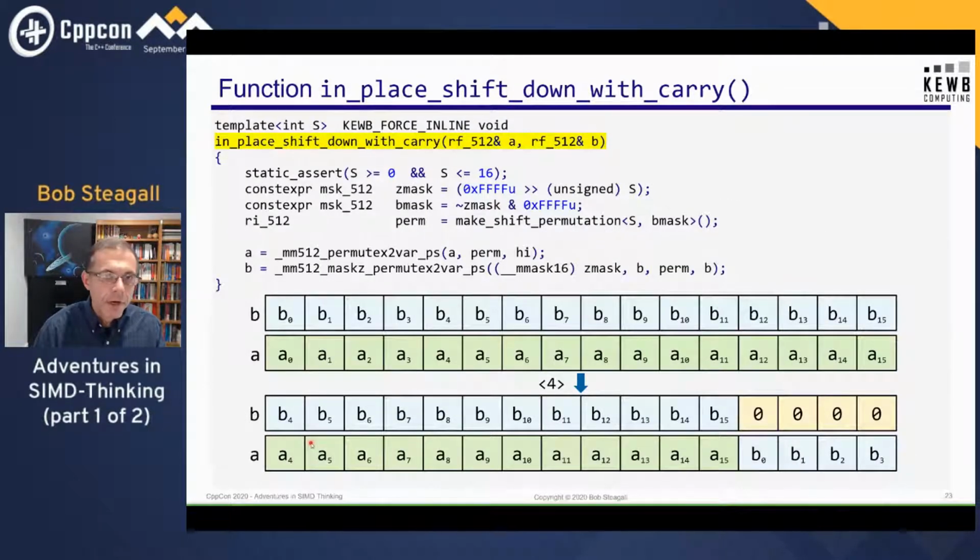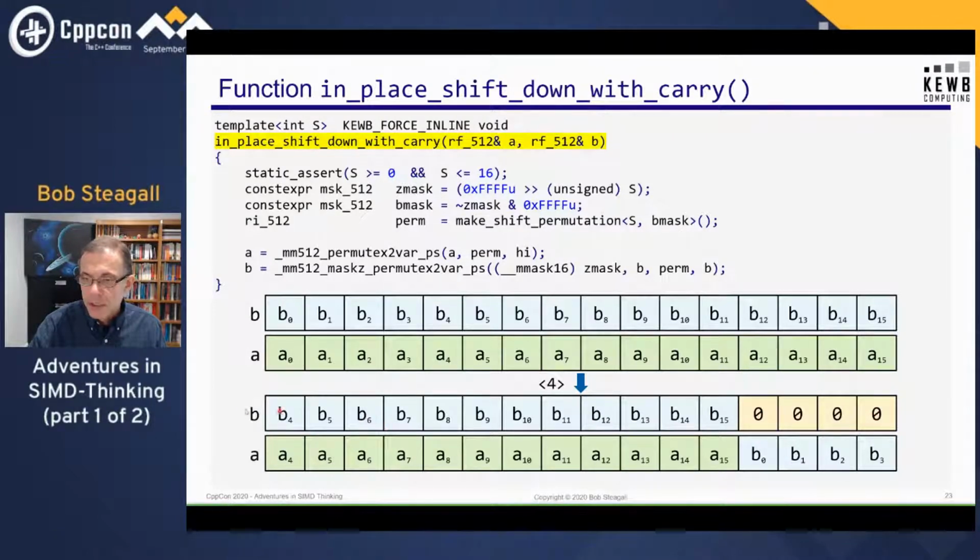And finally, there's a variation of this I call in-place shift down with carry. The only difference between that and shift down with carry is that I actually want the values in both registers to be adjusted in place, so I pass them in by reference. So what happens, again thinking of this as low and this as high, is I'm going to shift down B, in this case by 4. And because it's a shift, I'm going to fill the upper 4 with zeros.